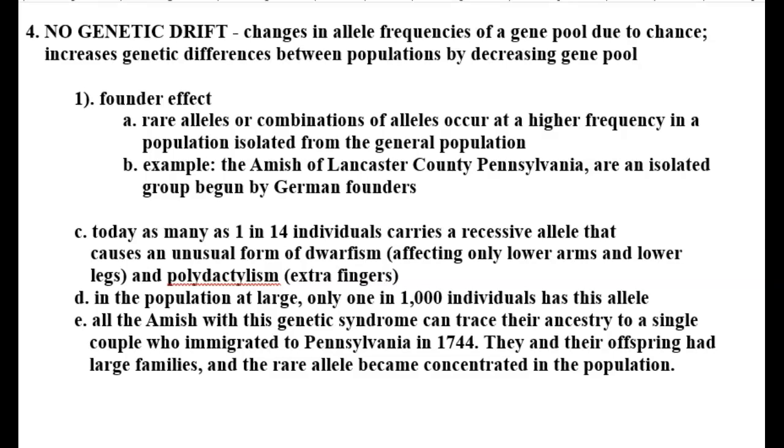In the population at large, only 1 in 1,000 individuals has this allele. But all the Amish with this genetic syndrome can trace their ancestry to a single couple who immigrated to Pennsylvania in 1744. The reason it was so widespread is that they had very large families, and the rare allele became concentrated, increased in that population.